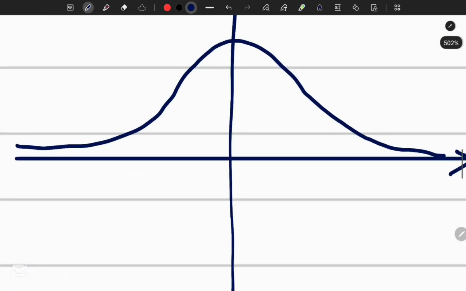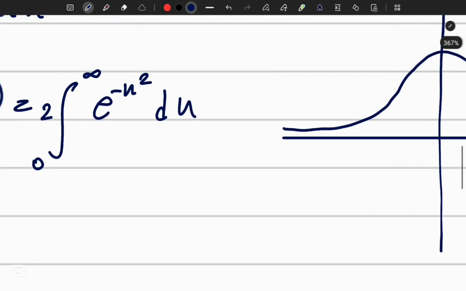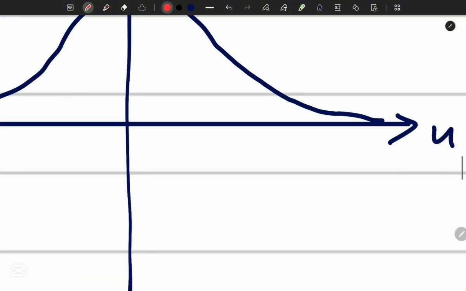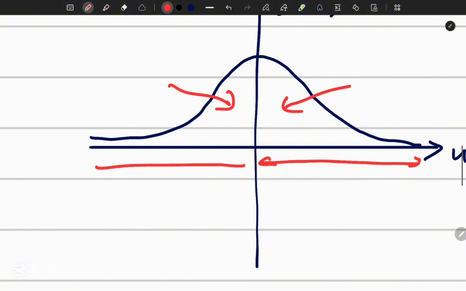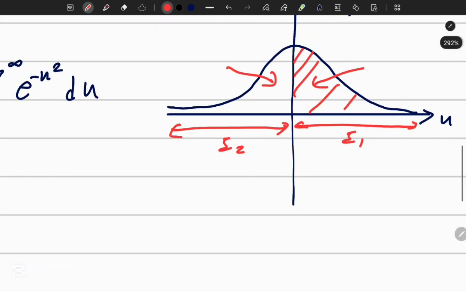Here I am considering only 0 to infinity, so I am only considering this part. But this and this are symmetric. So if I say this is integral I1, this is integral I2, so the integral is this area, this area. So I1 and I2 are equal.